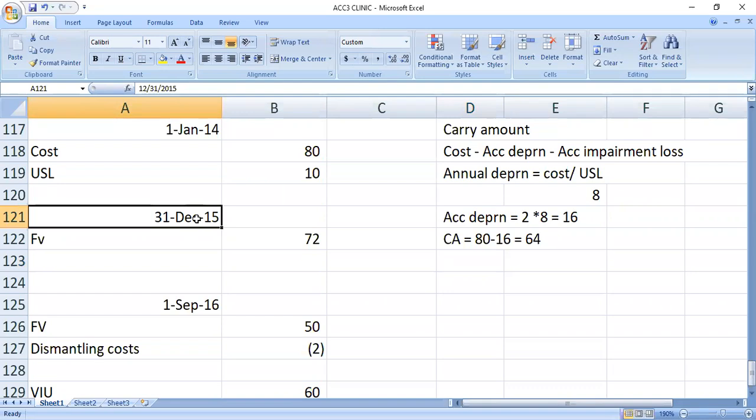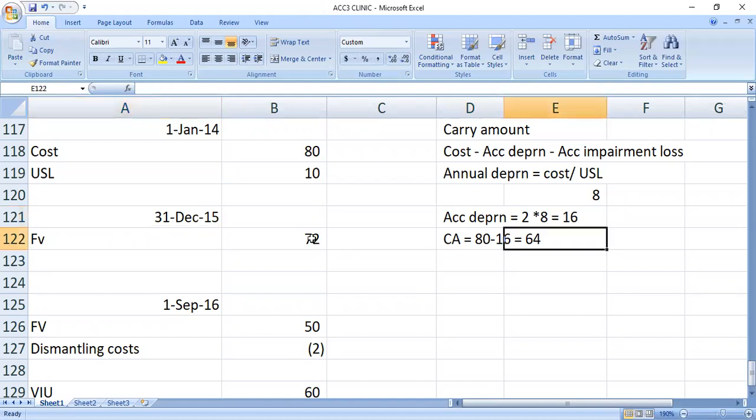The fair value then becomes the revalued amount. You compare the revalued amount and the carrying amount on the date of revaluation to obtain a gain or a loss on revaluation. Here we had a carrying amount of 64 and a revalued amount of 72. So clearly there's a gain on revaluation.